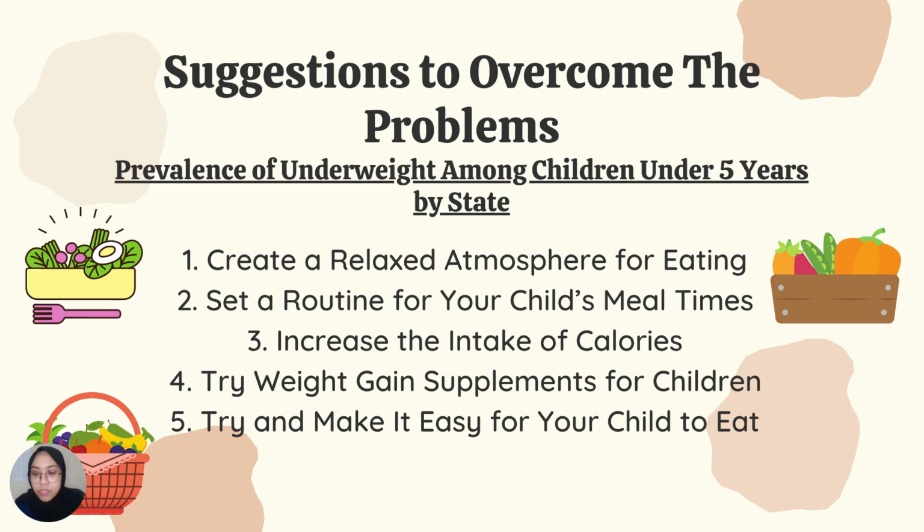Include foods like full-fat dairy products, creamy cheese, mayonnaise, or pudding made from milk. Fourth, try weight gain supplements for children. It might be a good idea to include some weight gain supplements in your child's diet for underweight children, especially if your child has a small appetite, vitamin.